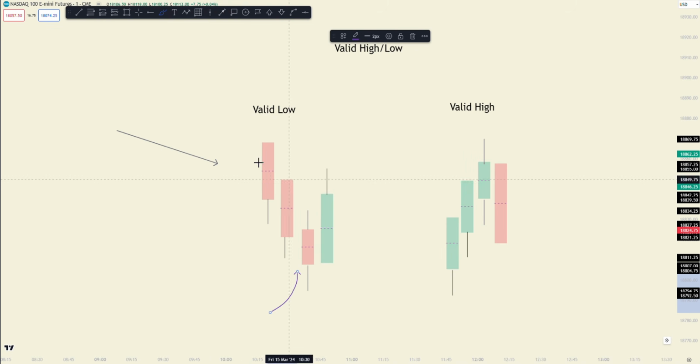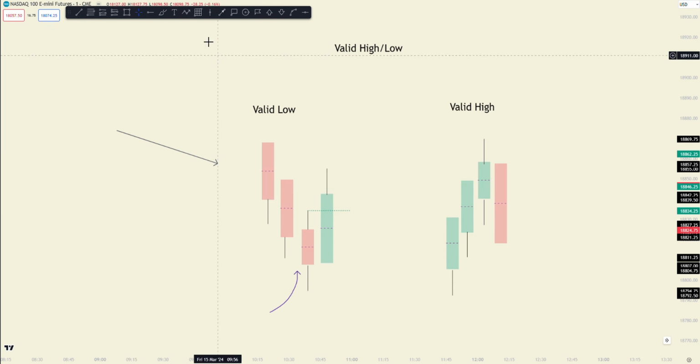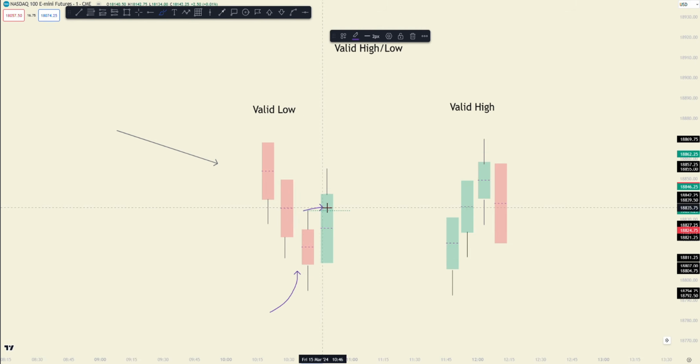So for a valid low to occur, what has to happen? We need to close above the bearish candle that established the low. Okay? That's how a valid low is established.